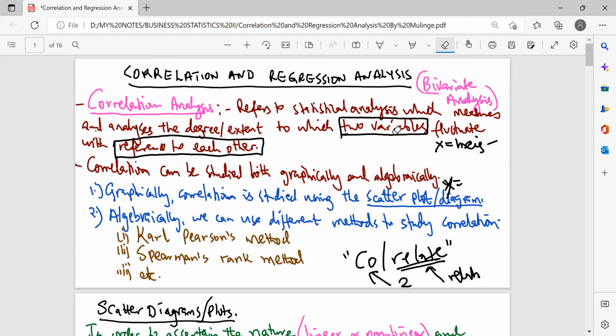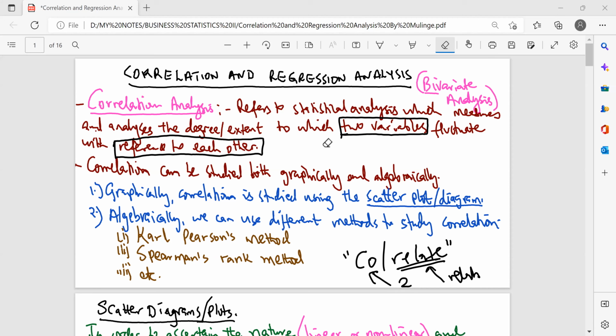Then you may want to check how these two variables are related, or the extent to which the height of the son will change once you change the height of the father, and so on and so forth. So basically, that's what we call correlation. So I was saying that you may want to look at the relationship between the height of the fathers and the height of the sons.